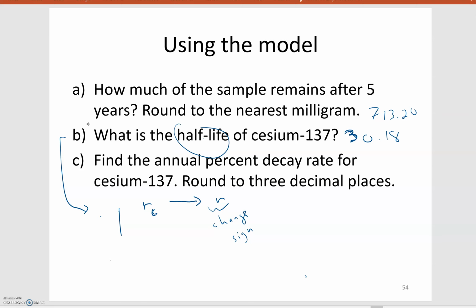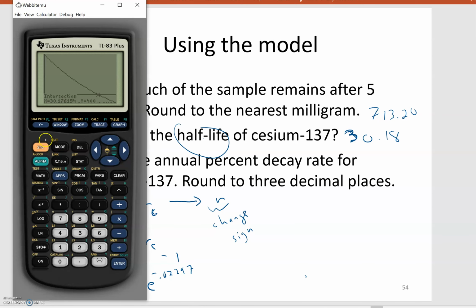So to get R, we just need to compute e to the RC minus 1. So that's e to the negative 0.02297. Let's go to the calculator and do it.